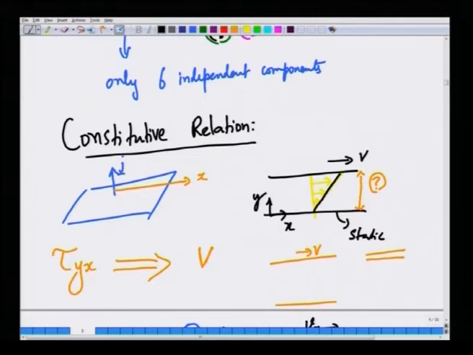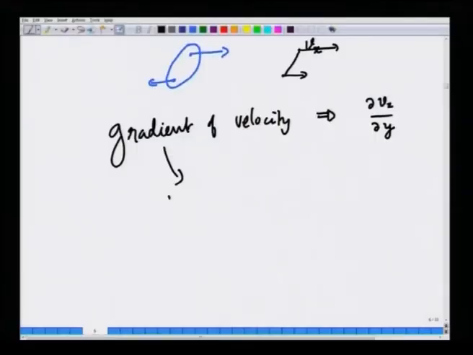So, there will be stresses that are generated because there is a difference in velocity between two different points in the fluid. If you say both the plates are moving with a constant velocity v, then of course, there will not be velocity gradients and there will not be any viscous stresses, because this amounts to merely moving the entire fluid as a rigid body. Okay. So, only gradients of velocity can generate stresses, not absolute velocities.